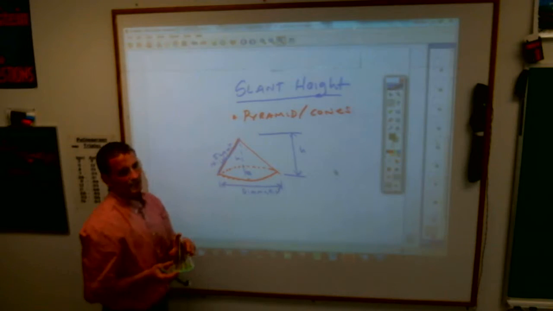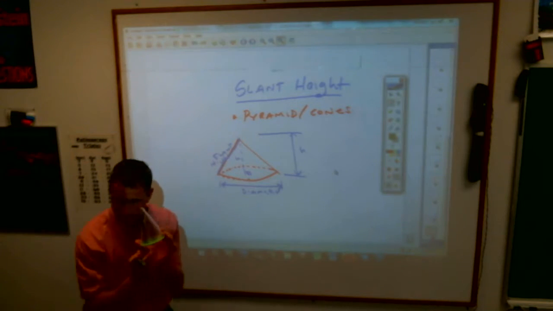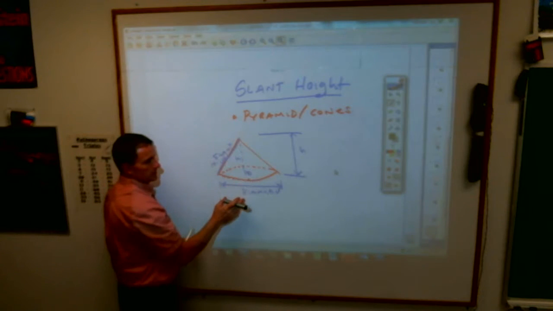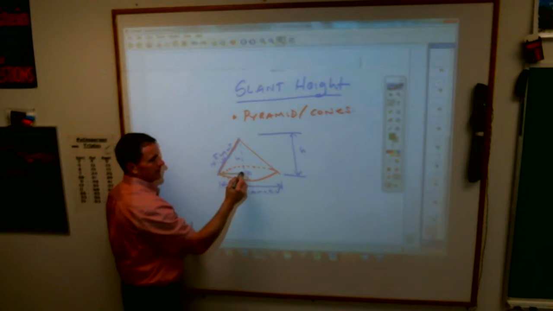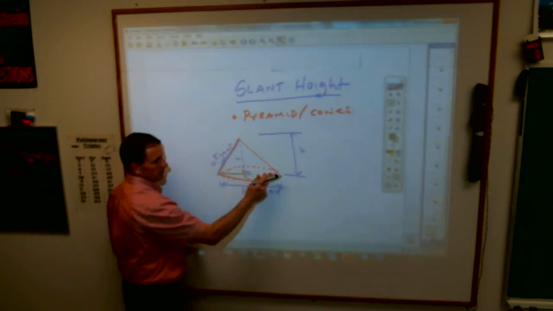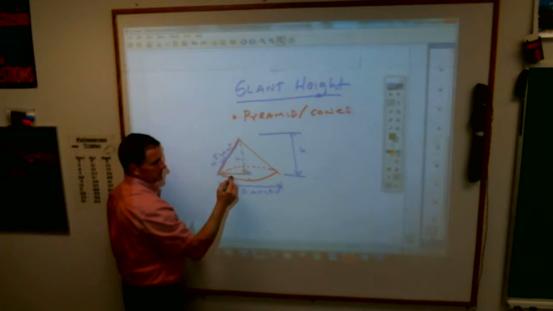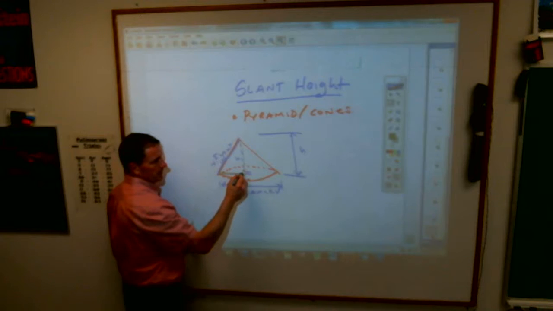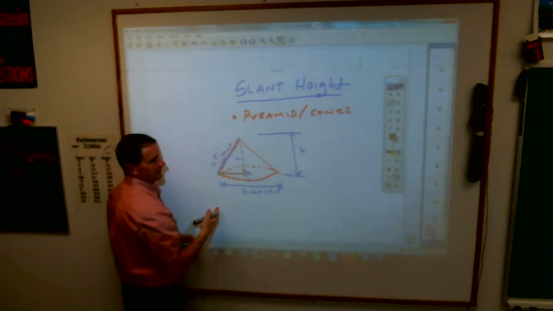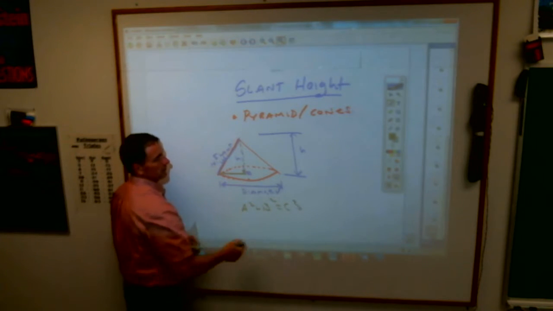Because if I were to take this cone, slice it right down the middle, okay, get what we call a cross section of it, you end up with a right triangle. Well, actually you end up with a big triangle there, but if you cut that triangle in half, and you kind of have to imagine this little chunk right here, this is a right triangle, and the way that you'd figure out the slant height is you would use that a squared plus b squared equals c squared thing.